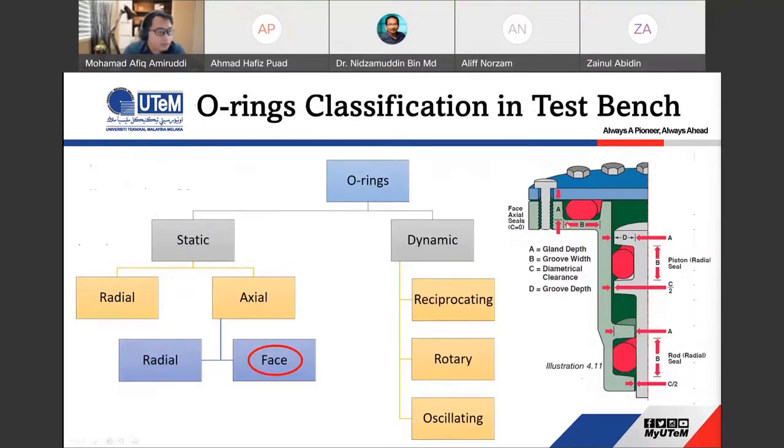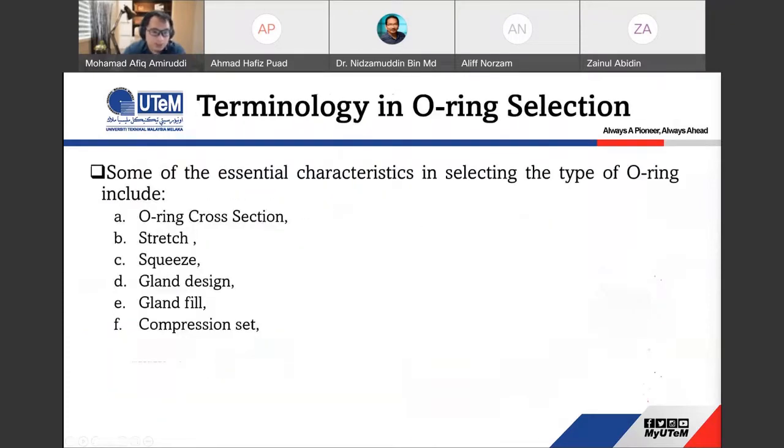The distance between the base of the groove until the top of the mating face on the top. This is the gland height. To make sure that the sealing is very proper, the cross section of the O-ring must be larger than this gland depth or gland height. So these are the rules if you want to choose the O-ring.